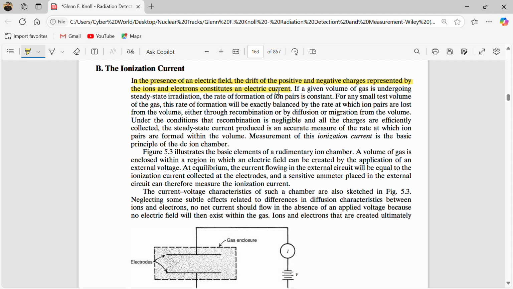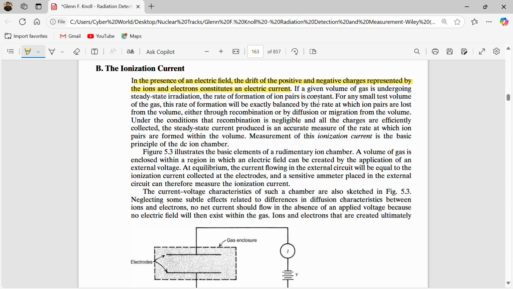Here it is mentioned: if a given volume of gas undergoes steady state irradiation, the rate of formation of the ion pairs is constant. For a very small test volume of the gas, this rate of formation will be exactly balanced by the rate at which the ion pairs are lost from the volume, either through recombination, diffusion, or migration from the volume.